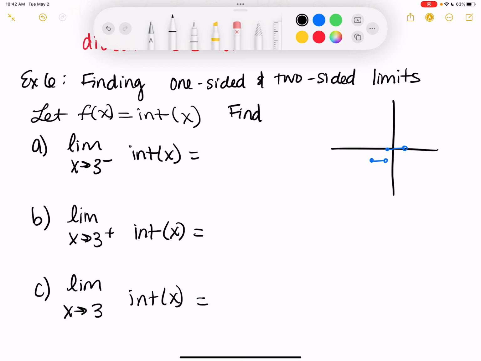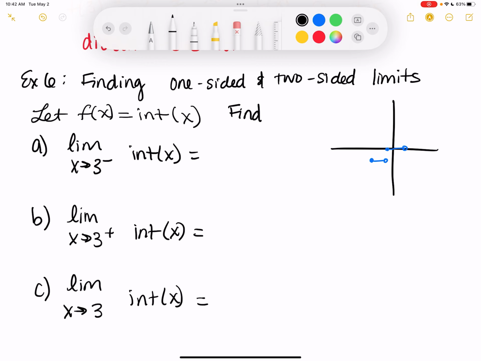I'm just going to use the graph because it's in the book. This is what this function looks like. So it's the step function, and there's a step here, and so on and so forth.